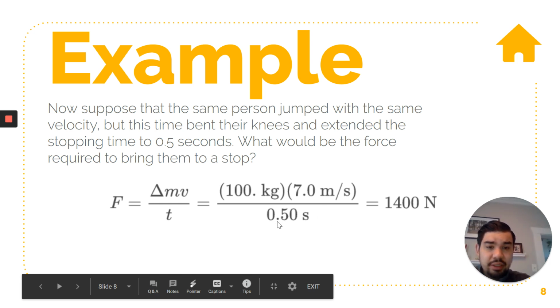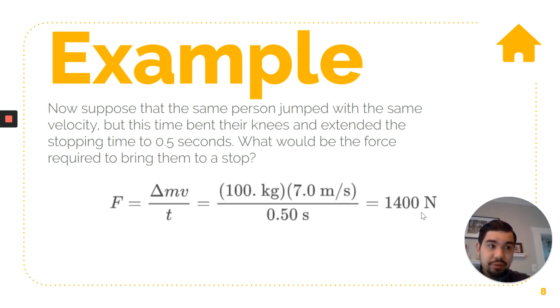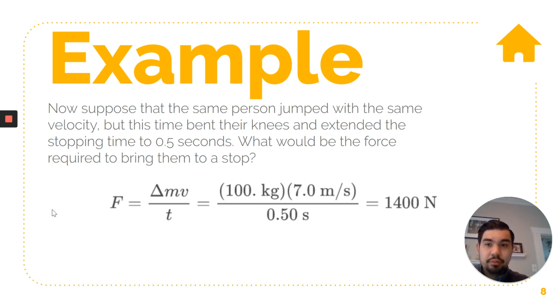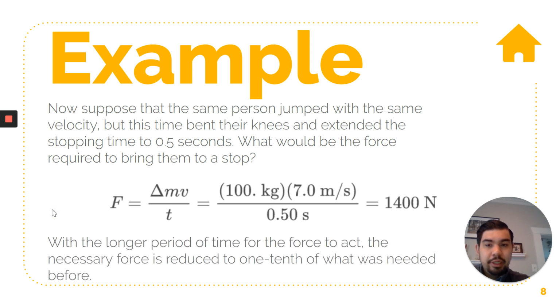So you can see in this case, by extending the amount of time by 0.5 seconds, you get 1/10 of the amount of force. And this is also why, in some action movies, you'll see when they drop from a high distance, right, they'll kind of go into a low roll because that's really extending the amount of time of that force, extending the amount of time of that impulse. Okay. The longer the time period for the force to act, the necessary force is going to be reduced.